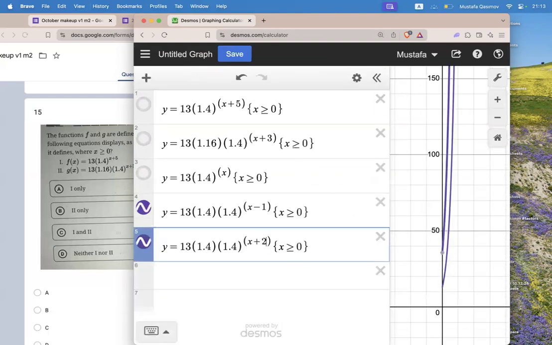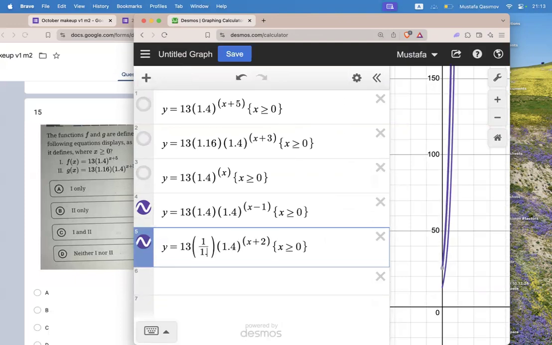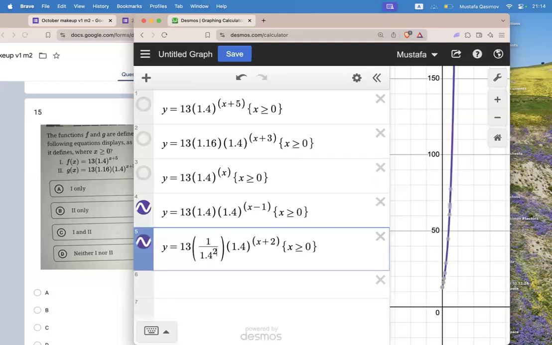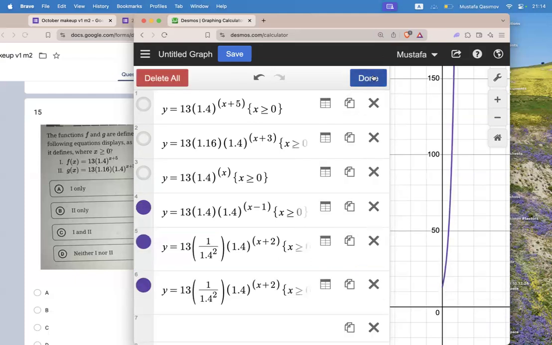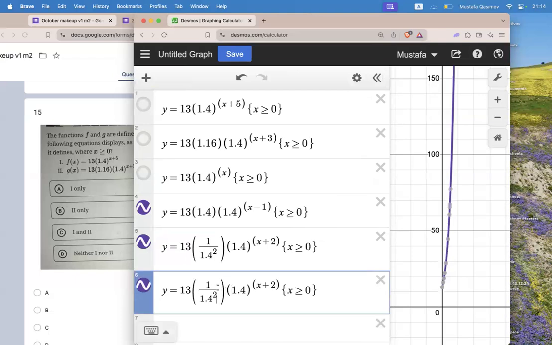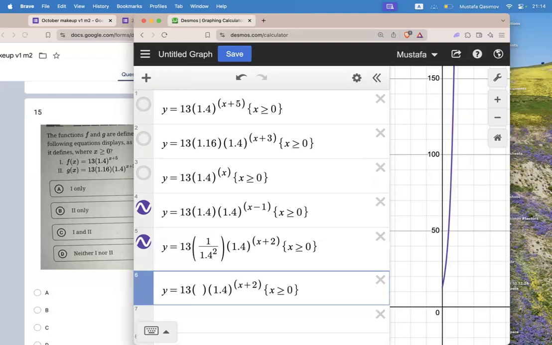Let's make it plus 2 and let's make it 1 over 1.4 squared. Let's look. So you can see that we have 13 here. It's also correct. Okay, let's write one more again. Let's write here like this. 0.64.